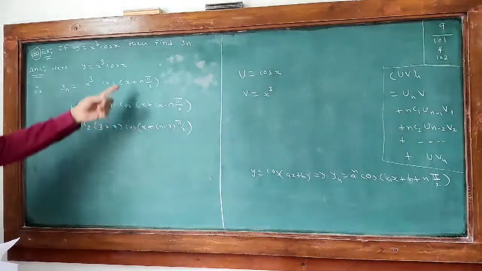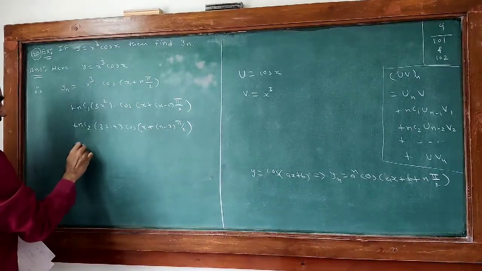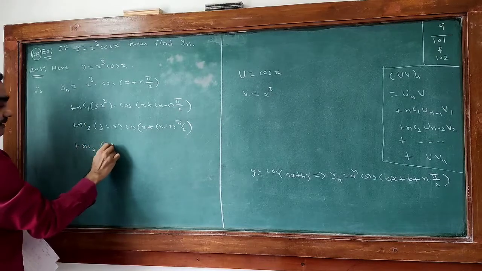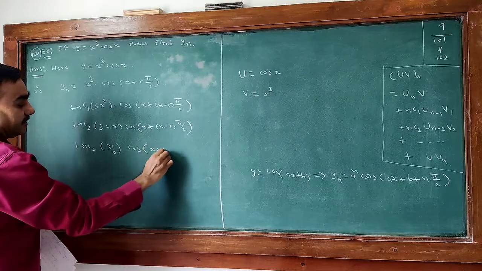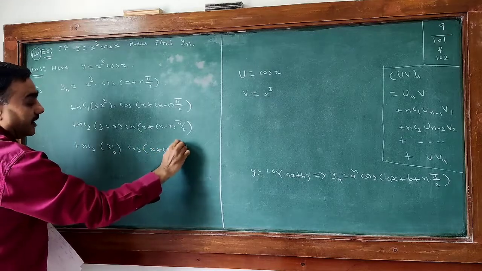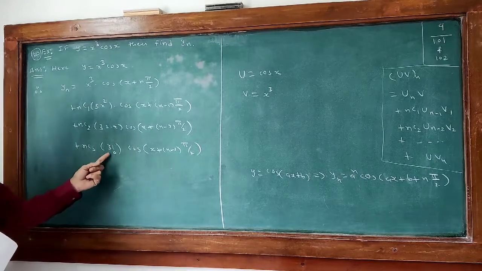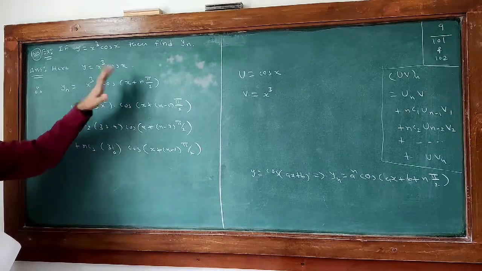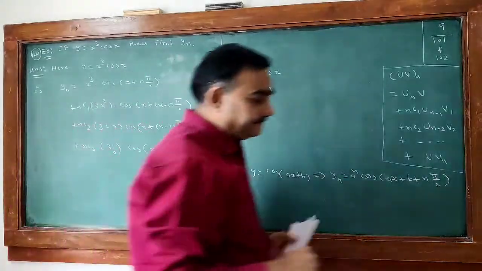One more derivation, one derivation less for cos, plus nC3 3 factorial cos(x + (n minus 3) pi by 2). Now we know that the derivation of 3 factorial is 0, and therefore there are no more terms in this sum. Check that.